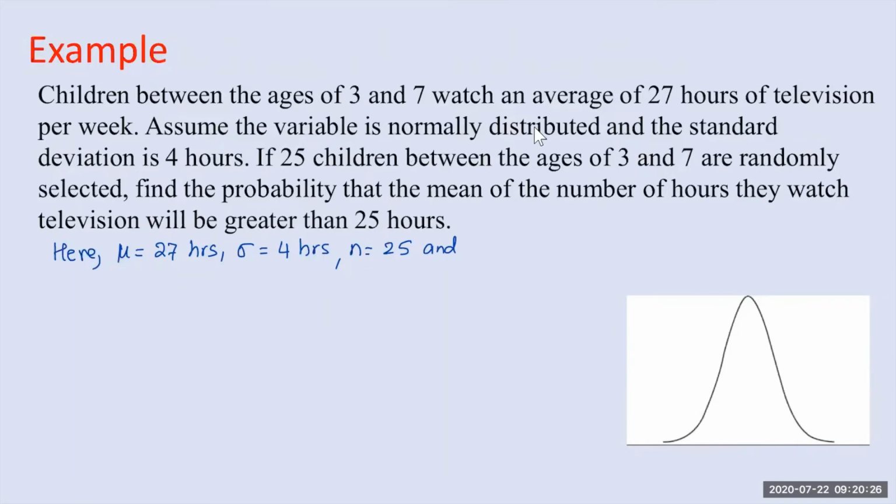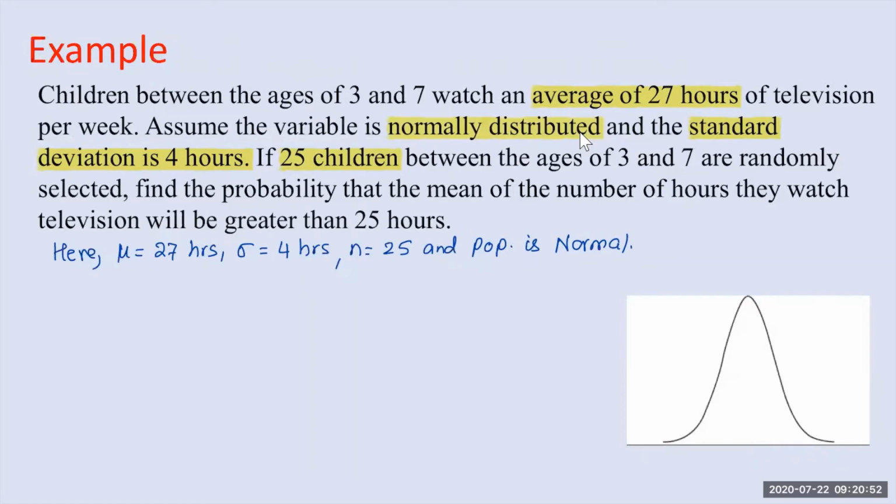Assume that the variable is normally distributed and the population is normal. That is given to you. They have given the mean, they have given the standard deviation, you have the sample size, and you know that the population is normally distributed.